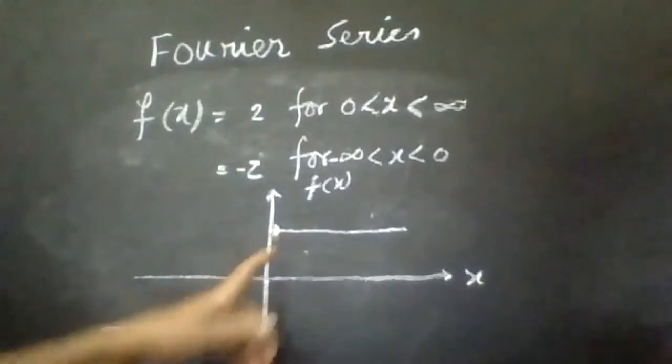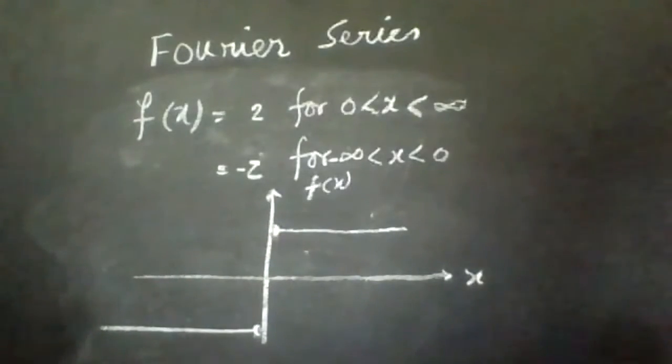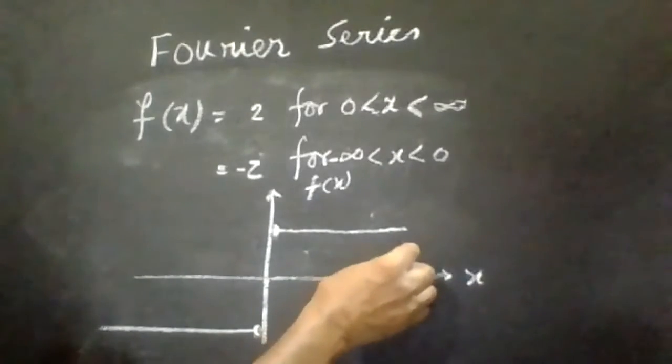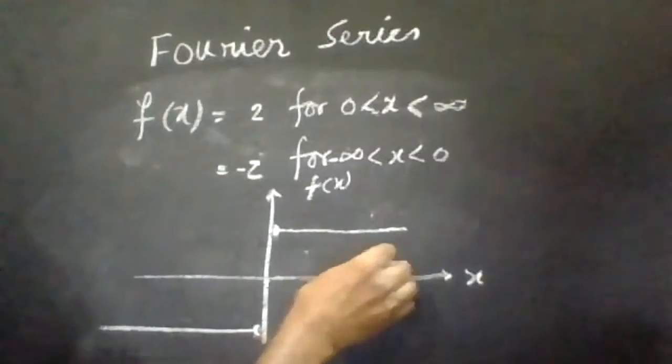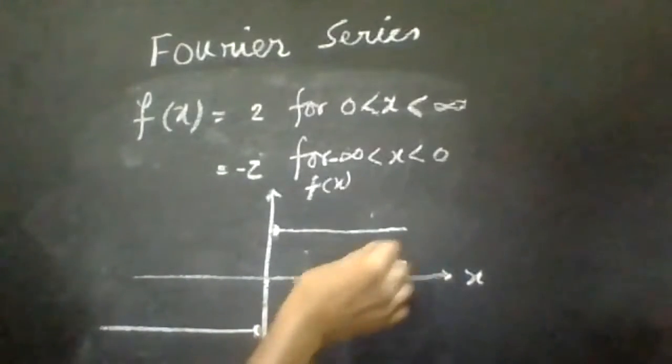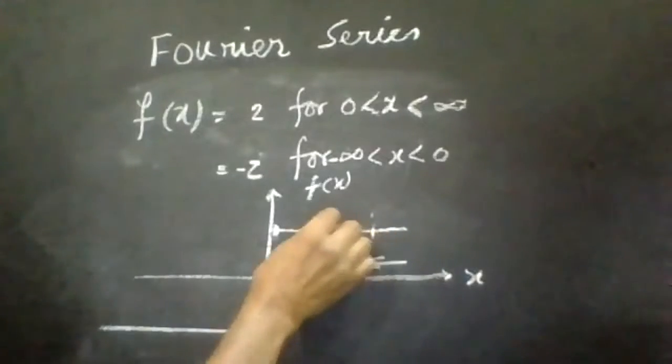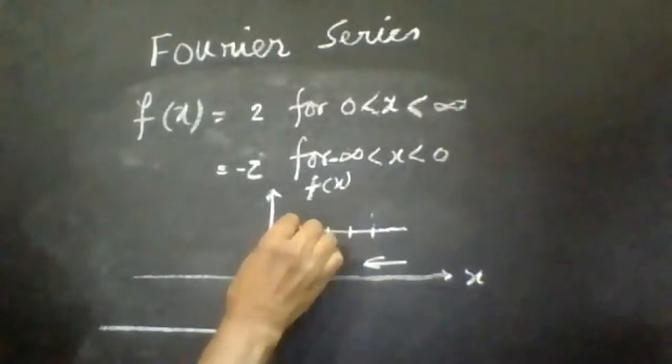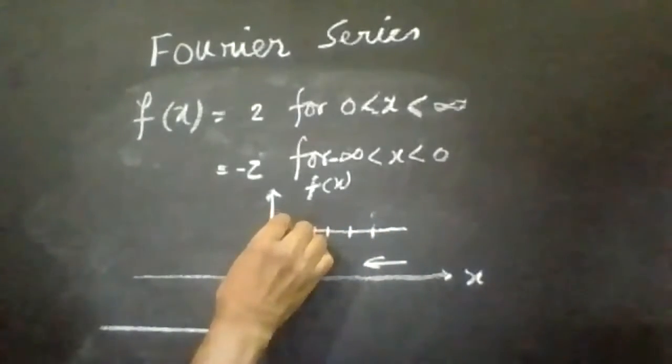Now this function will be called a discontinuous function. We must know when a function becomes discontinuous and how we can find it. If we move from the right side, from positive towards negative, then we move closer to this point, the point of discontinuity.